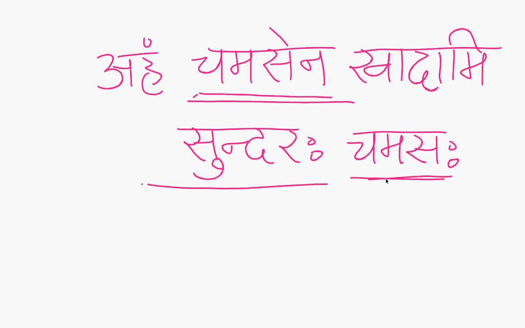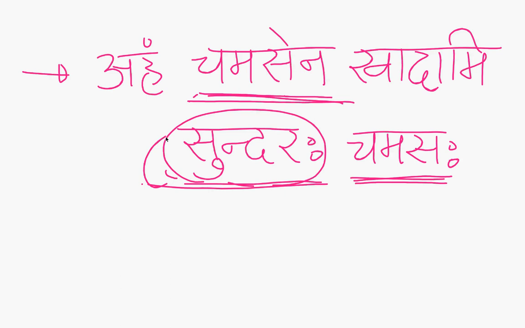In this sentence, chamasaha is in prathama vibhakti, pullinga ekavachanam. So sundaraha is also in prathama vibhakti, pullinga ekavachanam. But in this vakyam, aham chamasena khadami, chamasena is in tritiya vibhakti, but chamasa is also pullinga and ekavachanam. So if I want to say, I am eating with a beautiful spoon, what will happen to sundara?